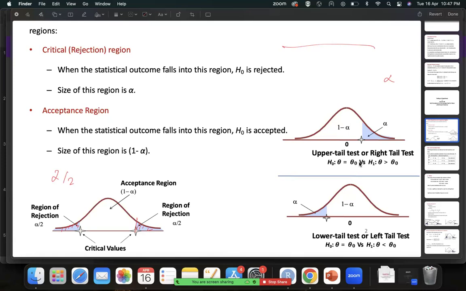So let's say you have an actual value and you estimate a value which is given by t observed. If your t observed falls in this shaded region of rejection, that means that you reject your null hypothesis and accept your alternate hypothesis. But if the t obs falls in this acceptance region, you accept H naught.